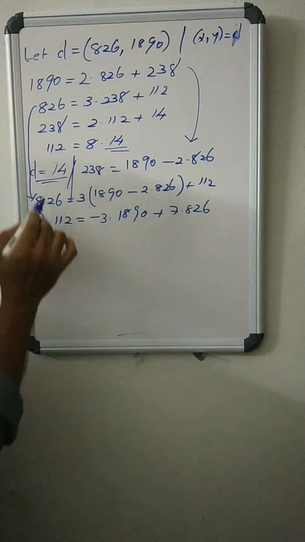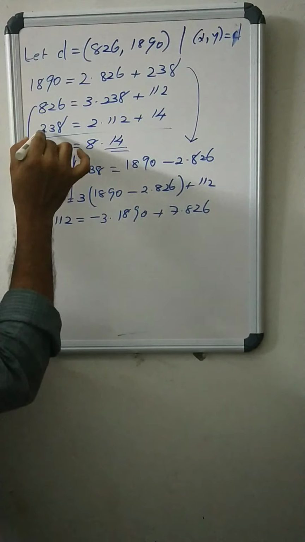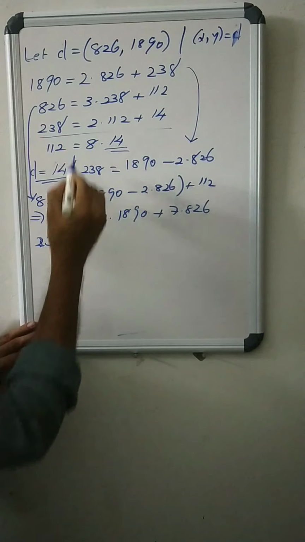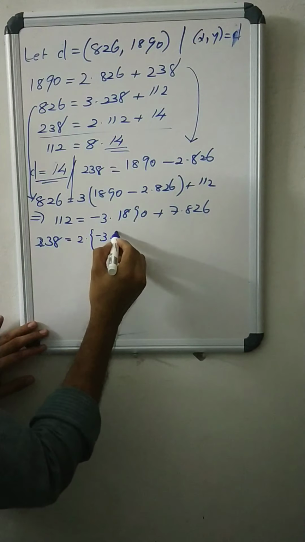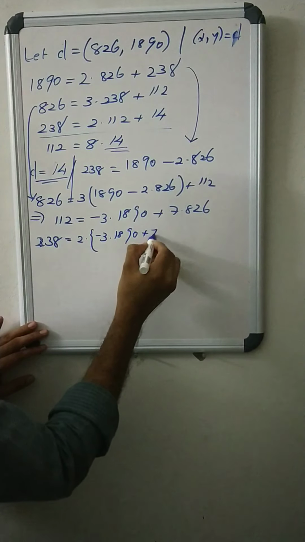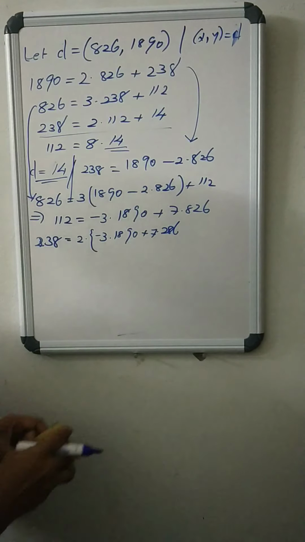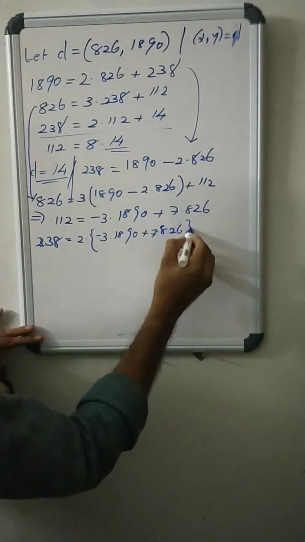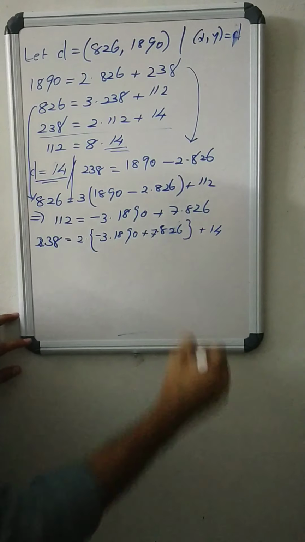But now, what is 238? Come to this argument. 238 equals 2 into 112, this one, minus 3 into 1890 plus 7 into 826, then plus 14.